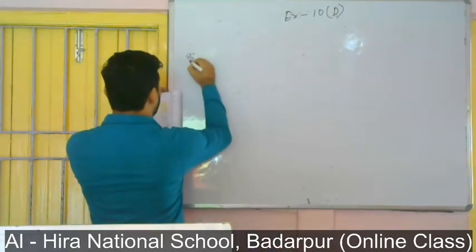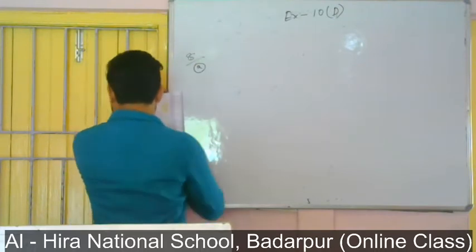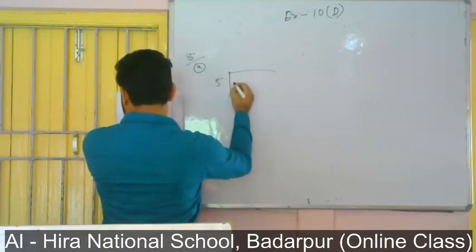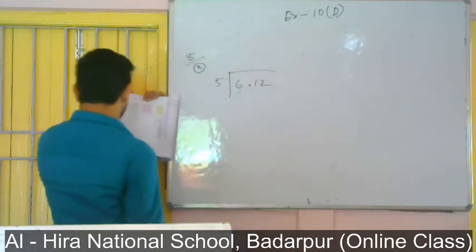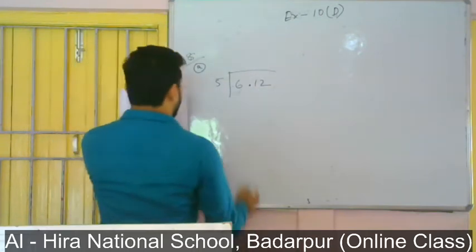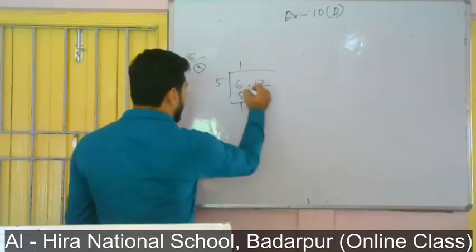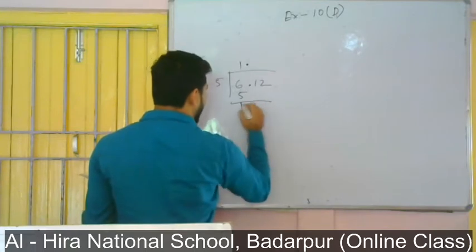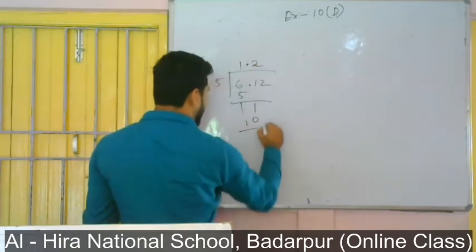You see, 5 divided by what? 6.12. Okay, 6.12. So 5 1s are 5. Here remain 1. After that we are getting point, so we'll put point. So 1 is not divisible, so we'll take again 11. Then 5 2s are 10. Here remain 1, again 2.